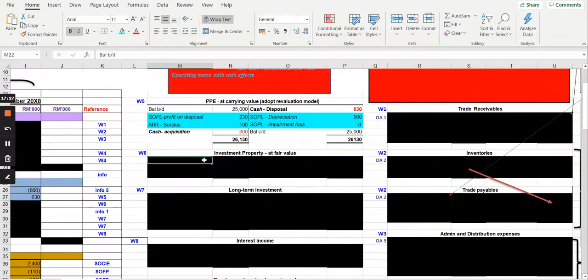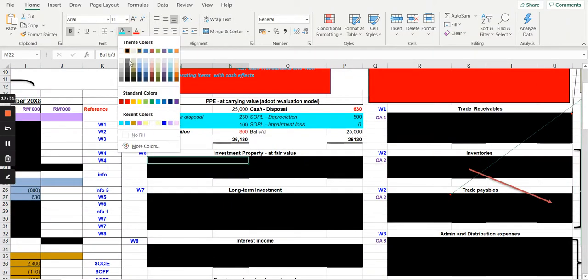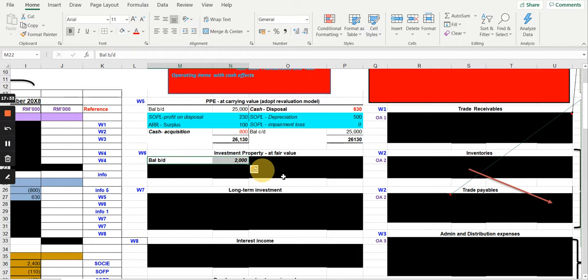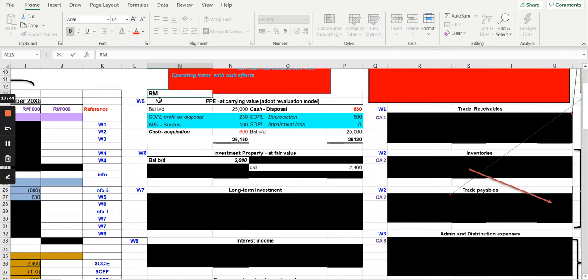We reconstruct how? We put the balance on the debit side, 2 million. These are all in million, this account. These are also in million. So all calculation is to the nearest ringgit Malaysia, and ringgit Malaysia is our currency.